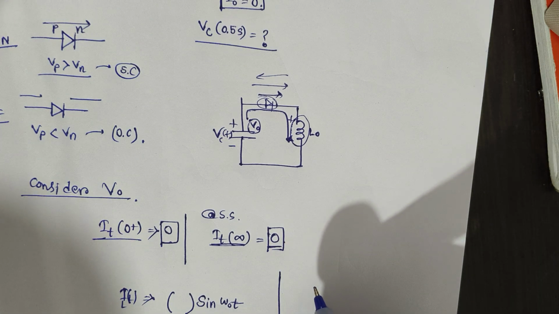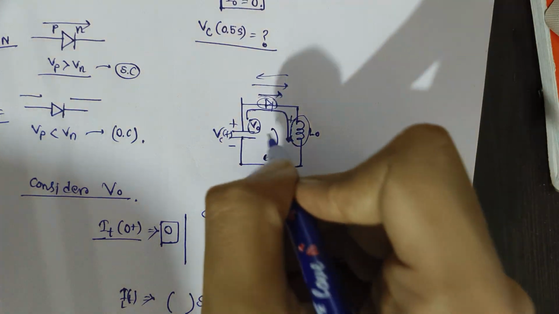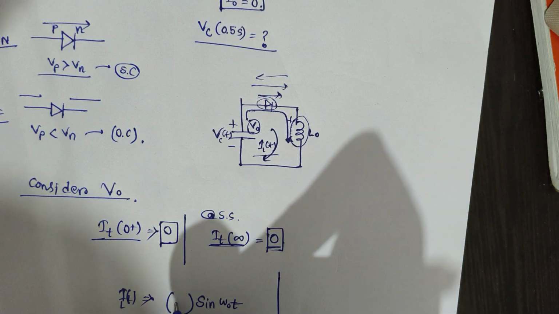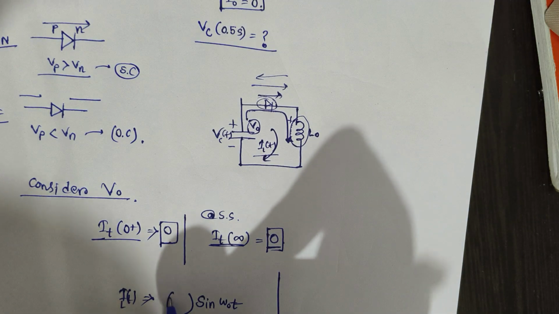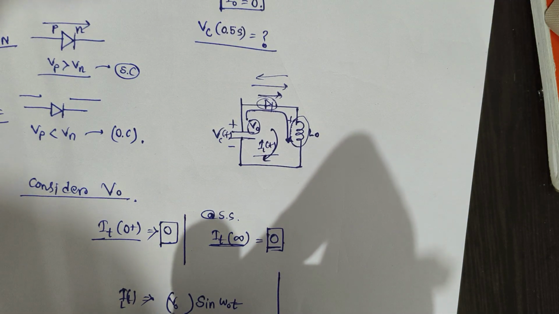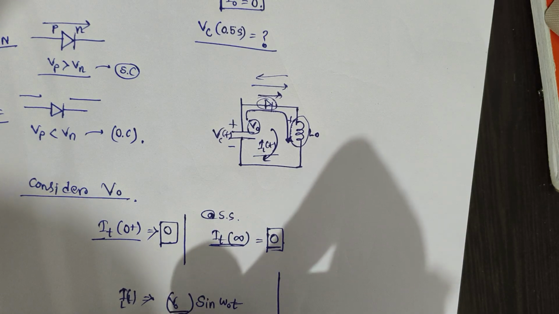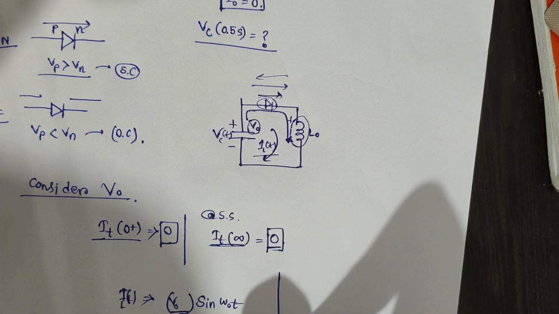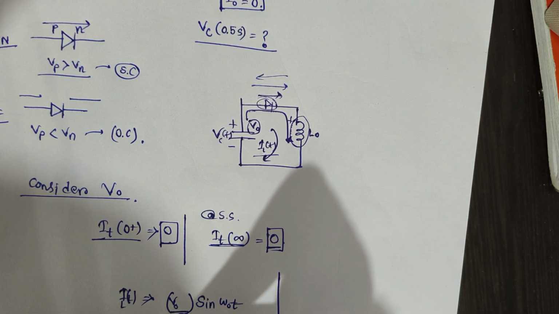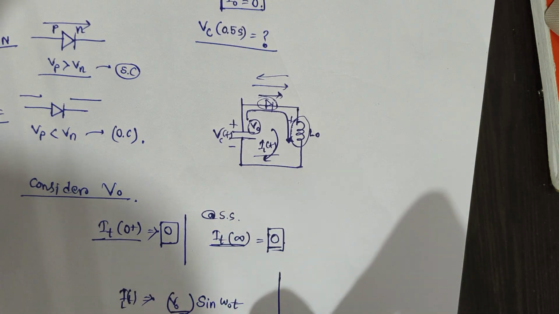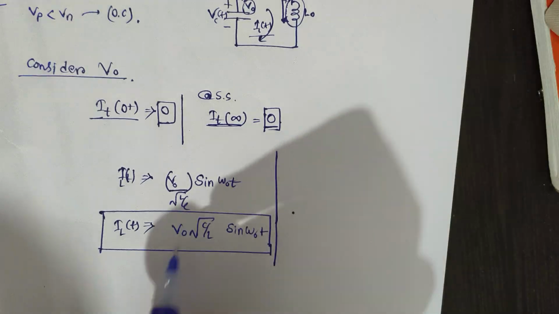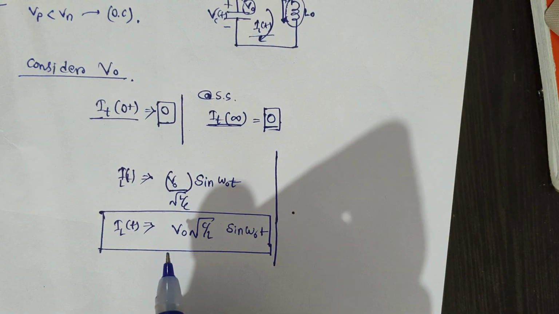In this case I_L(t) is in this direction and V naught is charging it. So the value will be V naught by root L by C. So it will be V naught root C by L sin omega naught t. So now you can see that this IL(t) equals V naught root C by L into sin omega naught t.